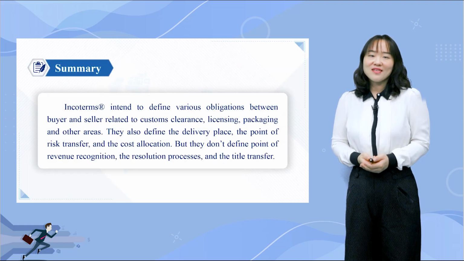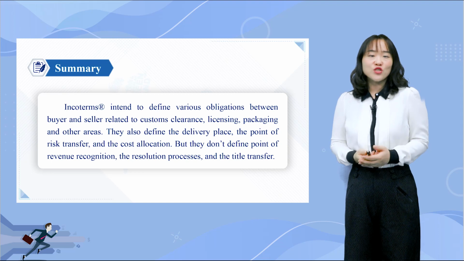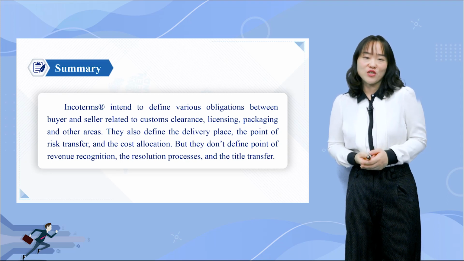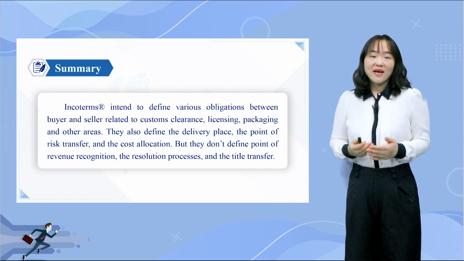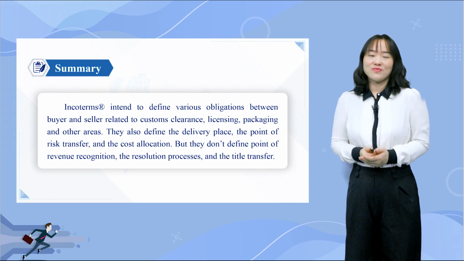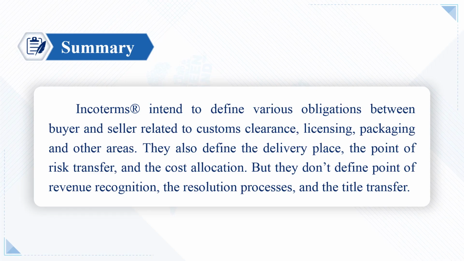Please keep in mind that Incoterms intend to define various obligations between buyer and seller related to customs clearance, licensing, packaging, and other areas. They also define the delivery place, the point of risk transfer, and the cost allocation. But they don't define point of revenue recognition, the resolution processes, and the title transfer.